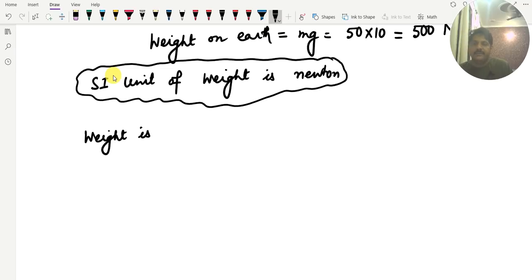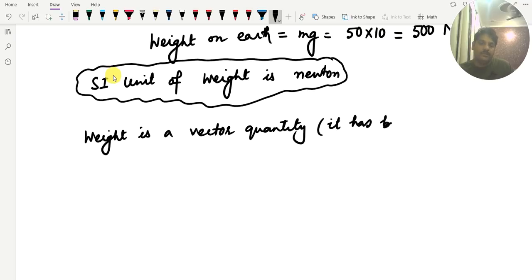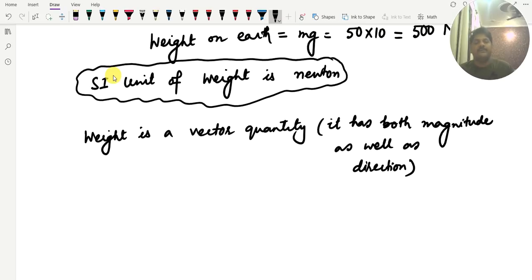It has both magnitude as well as direction. Okay, so this is the next point to remember. Weight is a vector quantity.